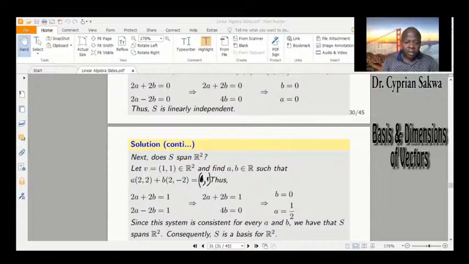When I multiply this, I get 2A plus 2B equals 1, and 2A minus 2B equals 1.